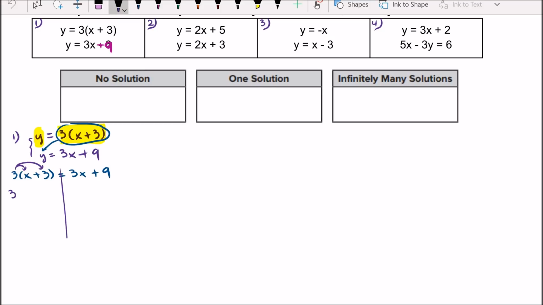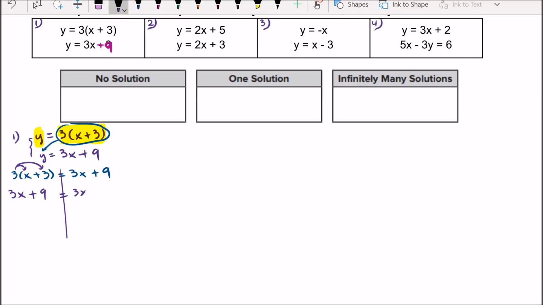That will give you 3x plus, based on your work in class, I observed that a lot of you make mistakes on this. Make sure you do 3 times 3. 3 times 3 is 9. I have a few students who forget to multiply 3 and 3, and 1 or 2 accidentally add them instead of multiply. Make sure you multiply: 3 times 3 is 9.